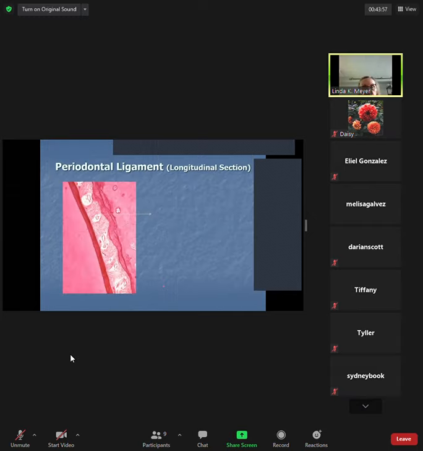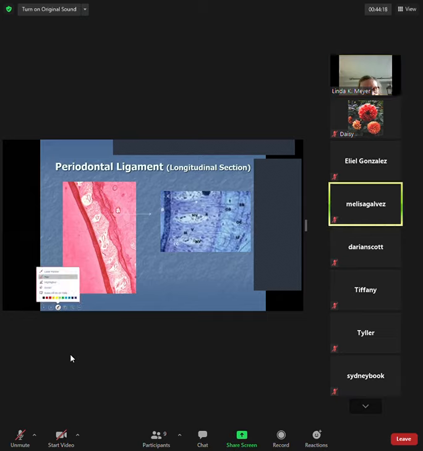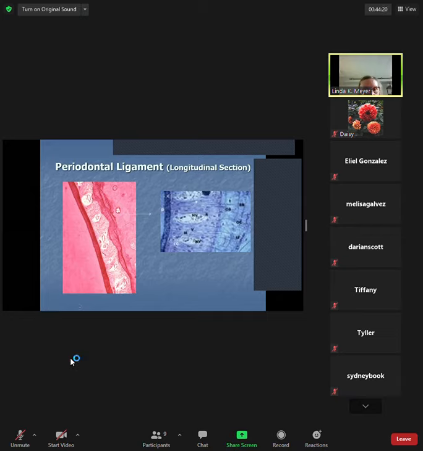If we go to this picture that you have, I just want you to see here. Here are the principal fiber groups. Here's another one.